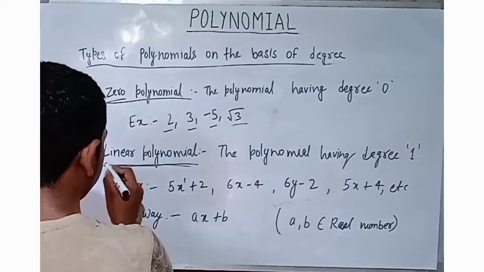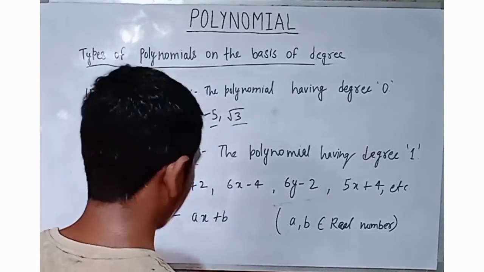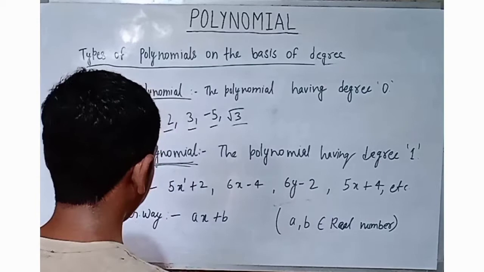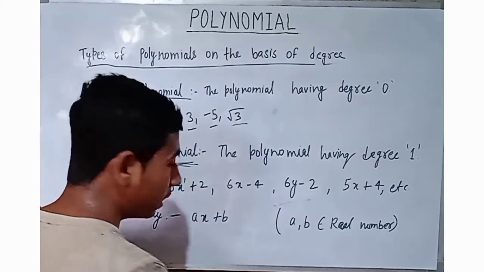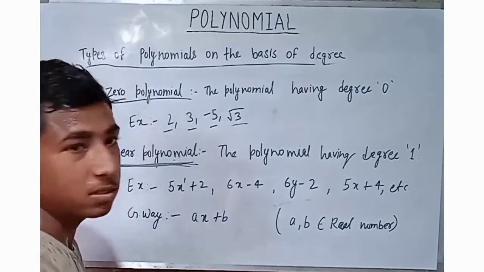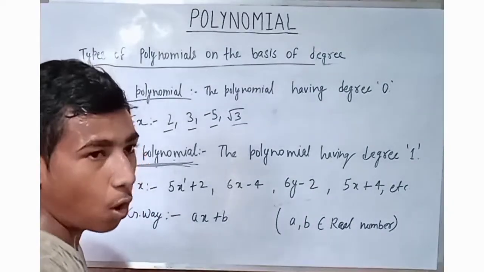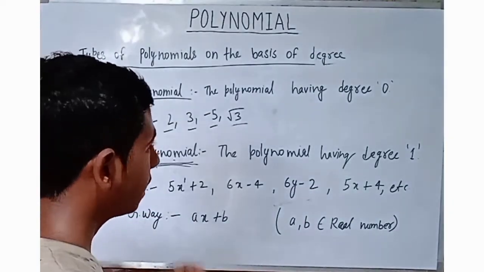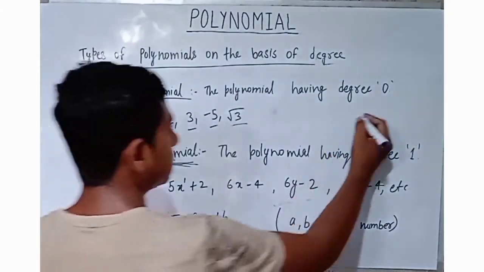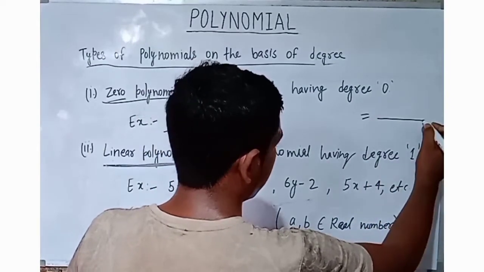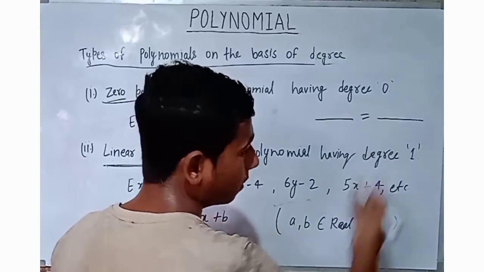Now I am going to tell you that many people say that a linear polynomial is also an equation. Not an equation, but many people say. What is an equation? Equation is when we equate any expression with 0, or when two expressions are equated with each other by the equal sign. Suppose in the RHS there is some expression and in the LHS some expression.